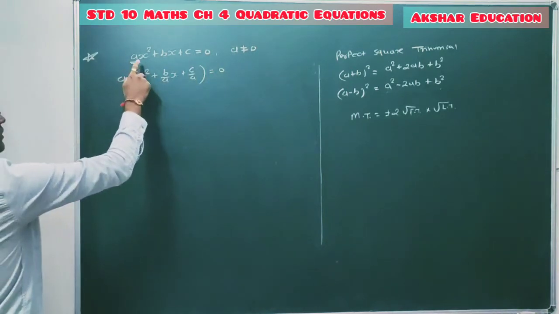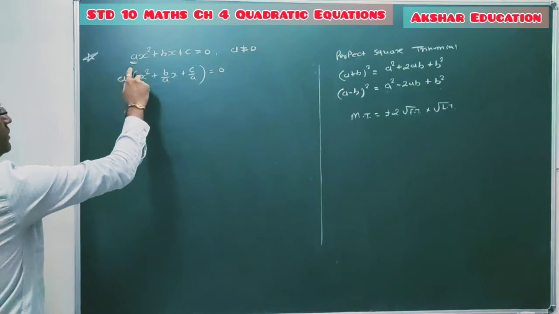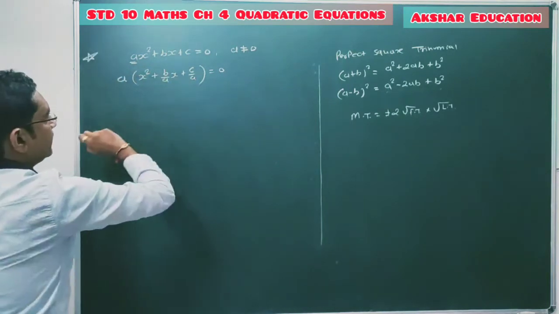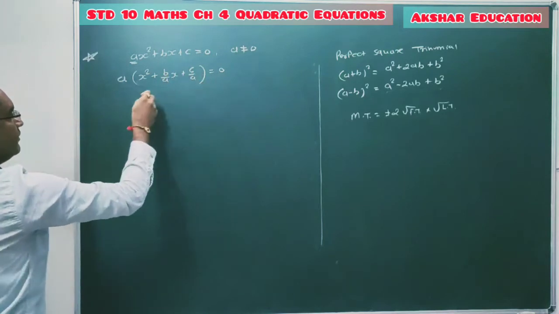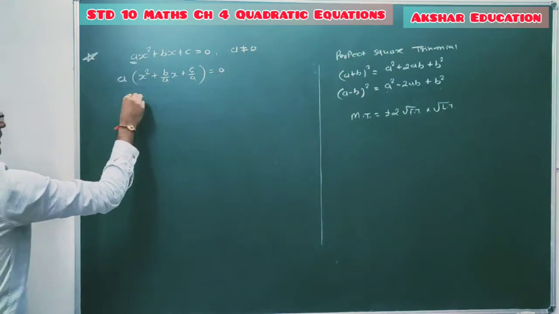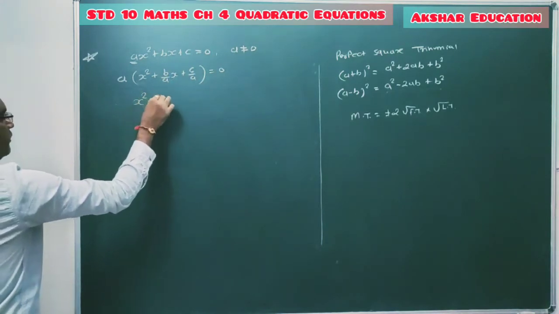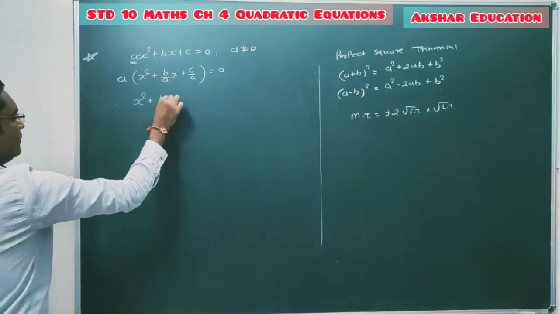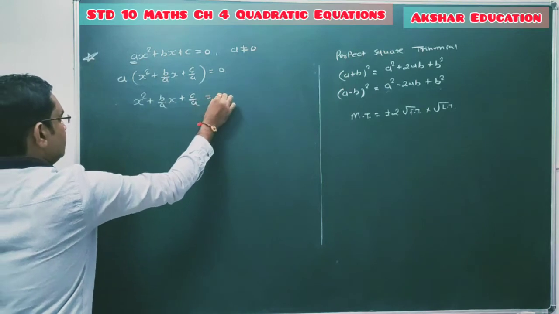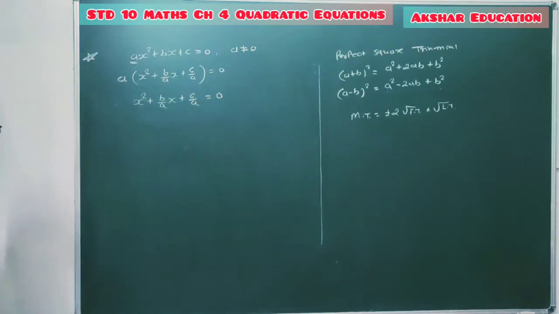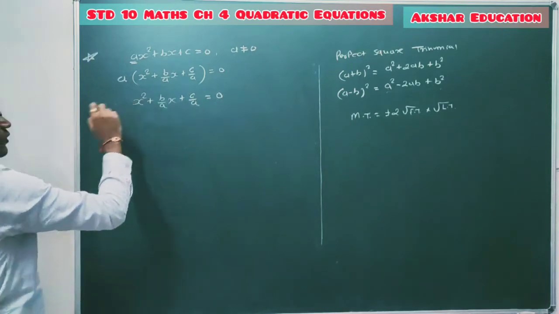Taking a common is nothing but dividing this equation on both sides by a. Taking this a to the right hand side, 0 by a will be 0. So we can directly write this as x square plus b by a x plus c by a equal to 0. This is your first step in which you have to remove the coefficient of x square.